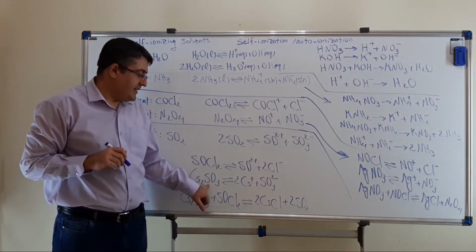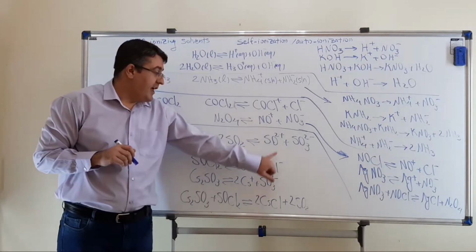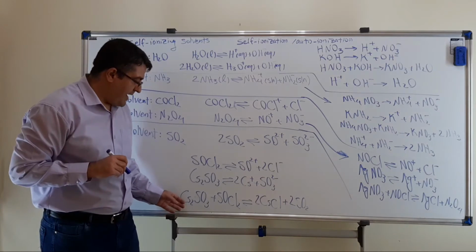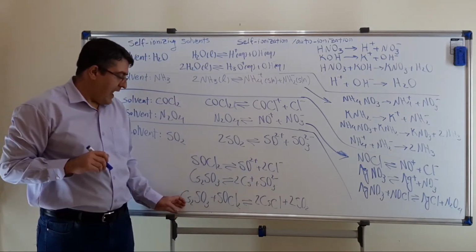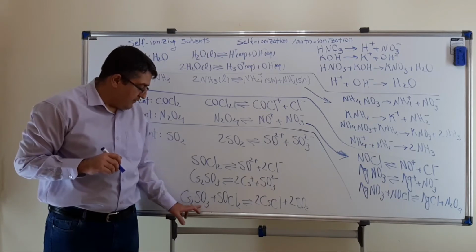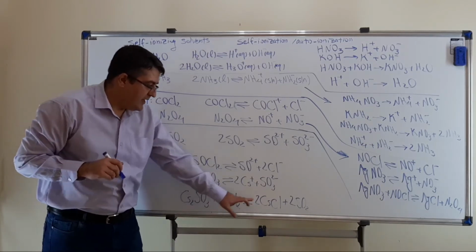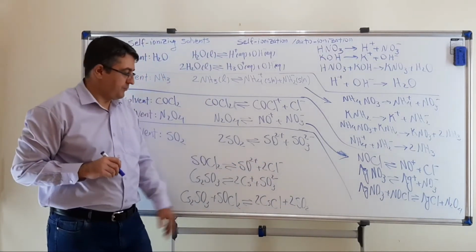Cesium sulfide is a base because it increases the concentration of sulfide ion, the characteristic anion of the solvent. And acid-base reactions are like these, which may be assumed as reactions between sulfide and SO2 2+ yielding SO2. Reverse of this reaction.